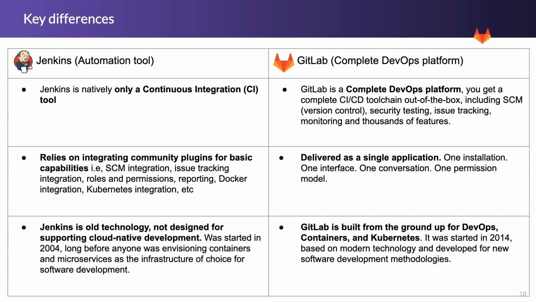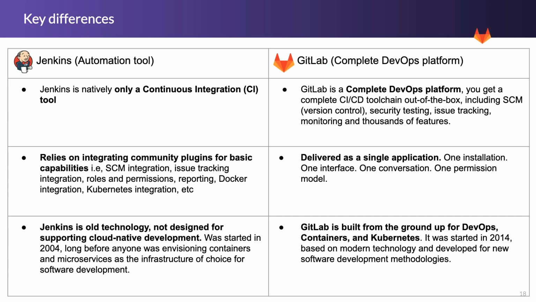Jenkins relies on integrating community plugins for basic capabilities, everything. So if you need the SCM, if you need issue tracking, roles and permissions, Docker, for everything you will need a plugin, while GitLab is delivered as a single application. You have one installation, one interface, one conversation, one permission model.